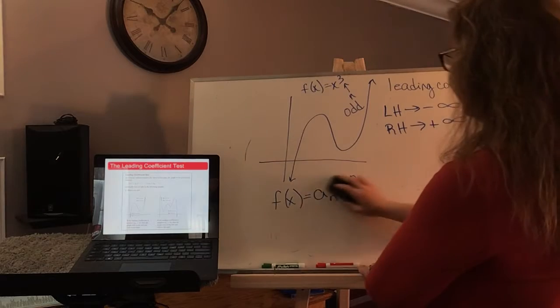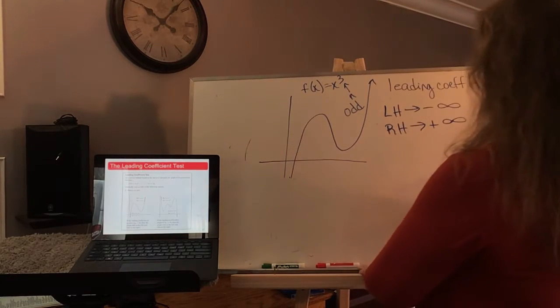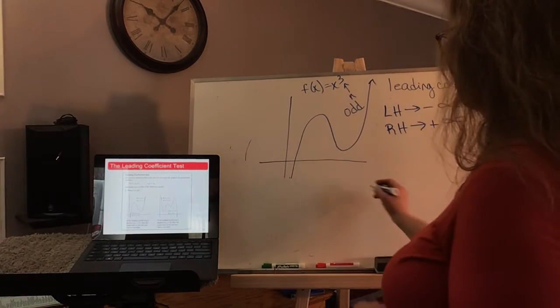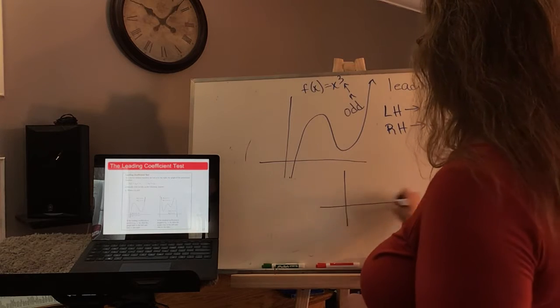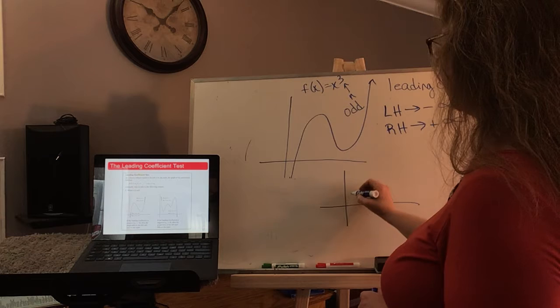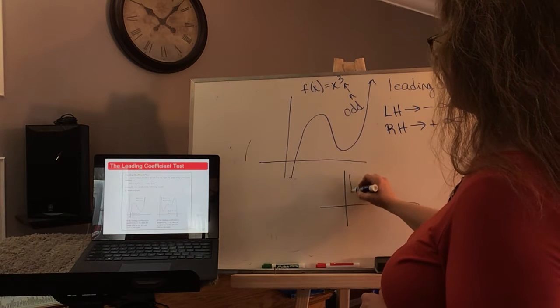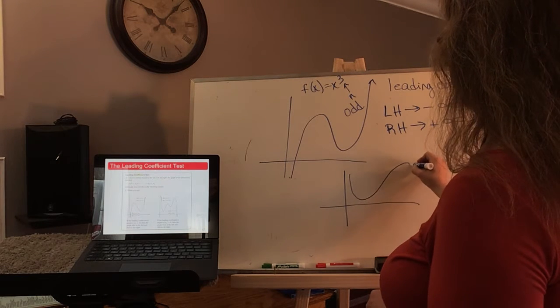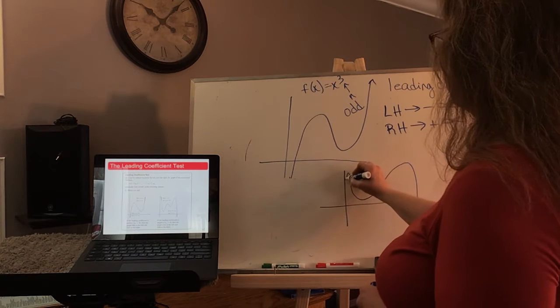And I bet you could guess what's going to happen next if I looked at a graph that had a negative leading coefficient. So let me see if I can draw something like that.